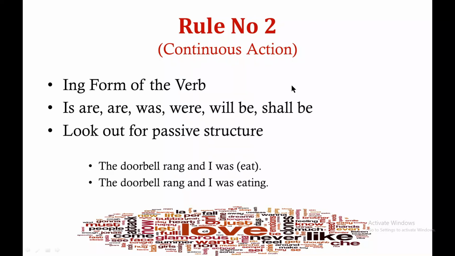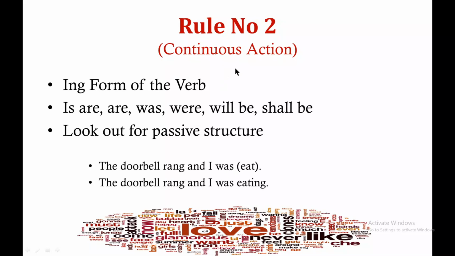If we move forward to rule number 2, this is an easy and comprehensible rule. If you see a continuous type of action in the sentence, for example, eat, and there's a word before it, was, then was reflects that this is part of past continuous tense.